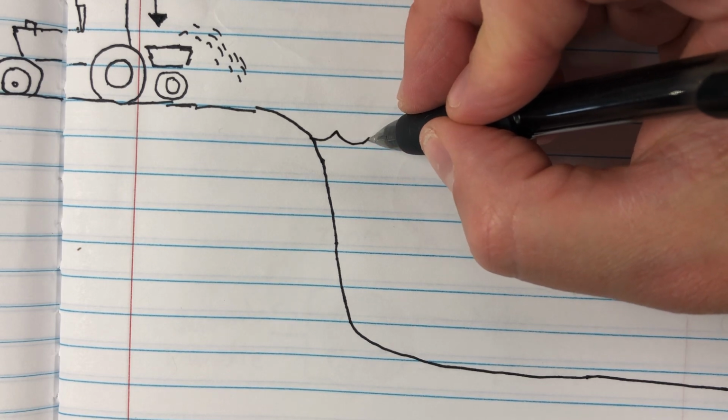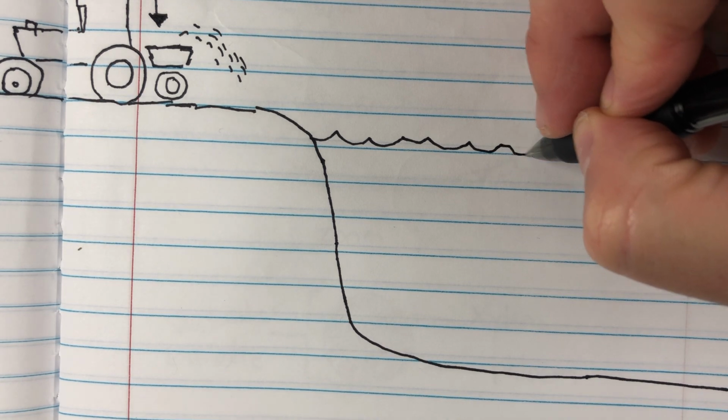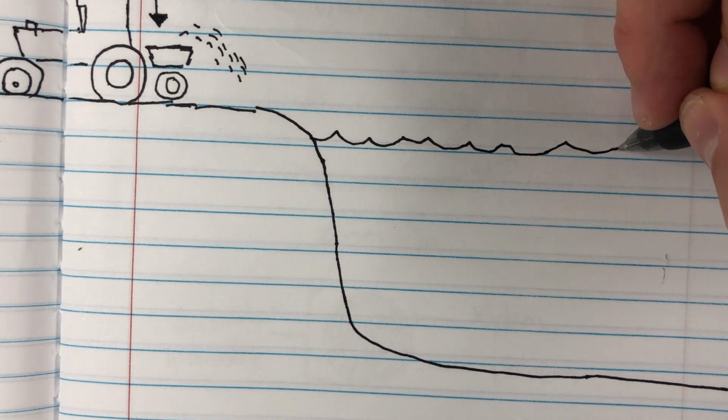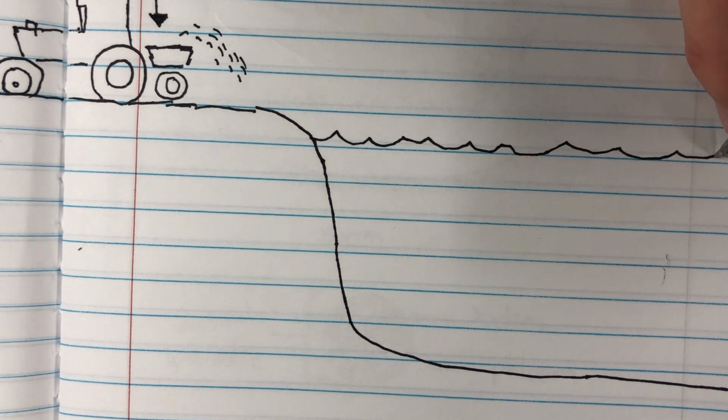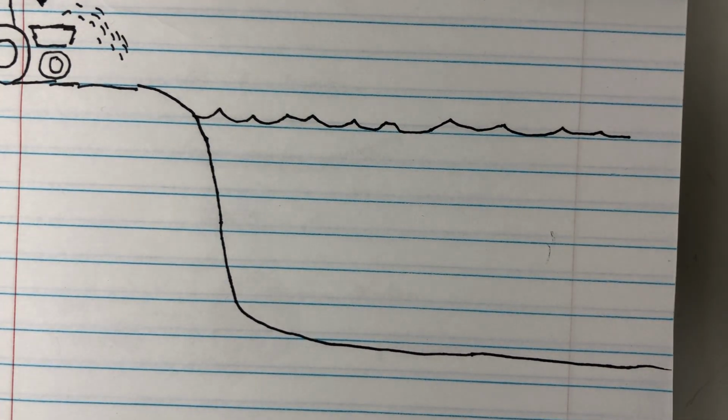And just to show that it's a pond, I'm going to draw, and this could be a creek or a lake or whatever, but I just want to share with you that the nitrogen cycle occurs there as well.